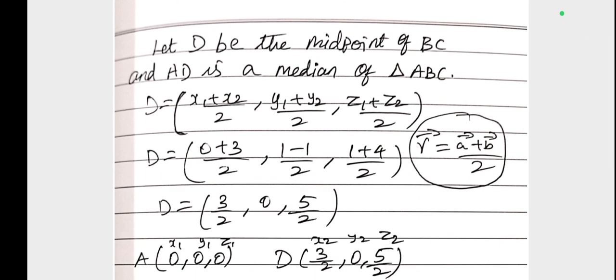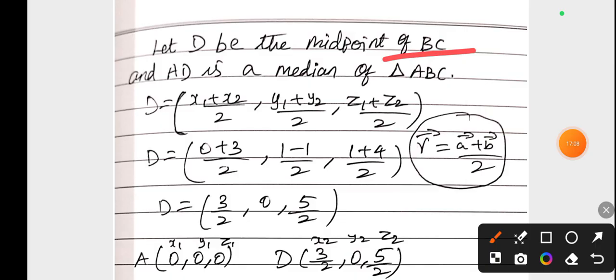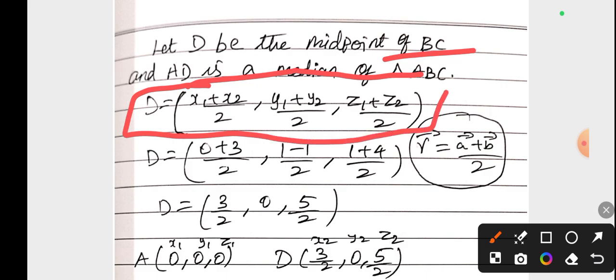Let D be the midpoint of BC. AD is the median of triangle ABC. So D formula: x1 plus x2 by 2, y1 plus y2 by 2, z1 plus z2 by 2. Apply and getting the coordinates 3 by 2, 0 and 5 by 2.